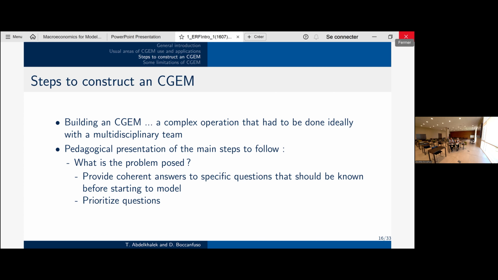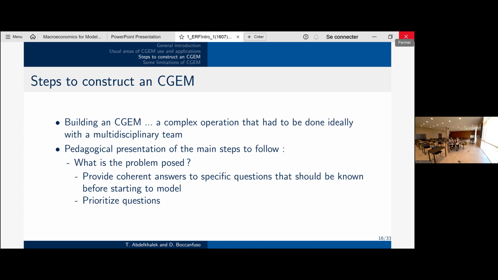If we want to construct a CGE model, generally we have to do it with multidisciplinary teams in a department. You can take a model coming from someone and transform it to change some features or some blocks of a CGE model. Yes, we can do that in three or four months, but we cannot construct a real CGE model for a country in a short time.